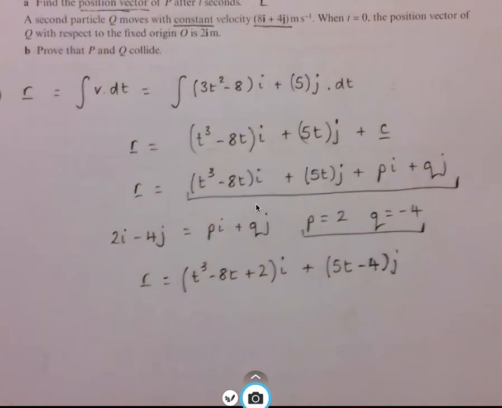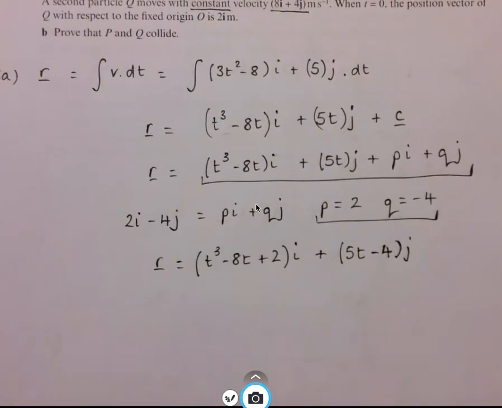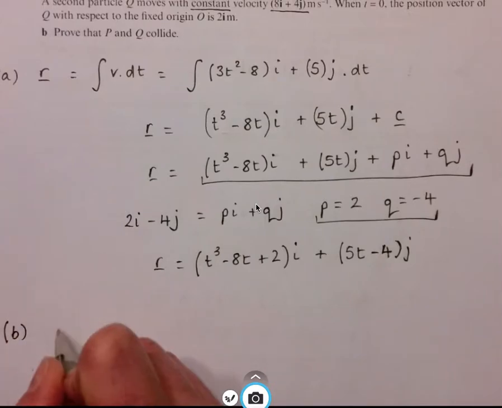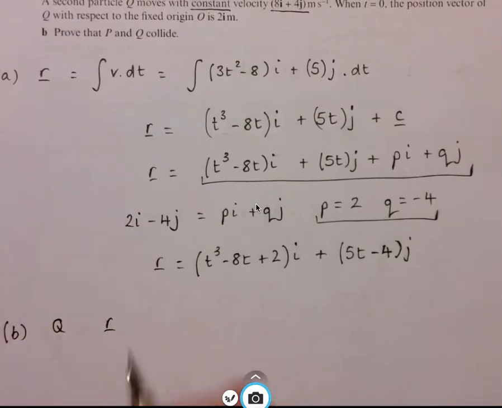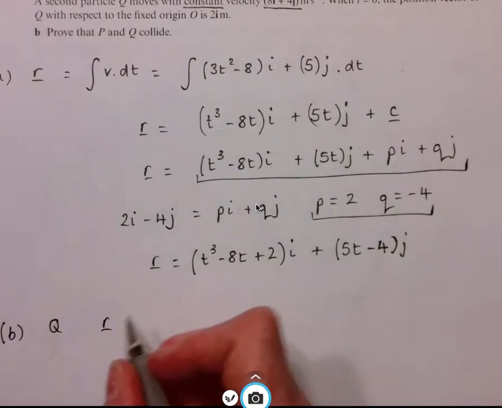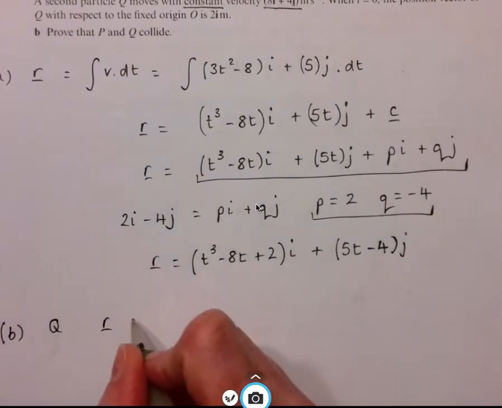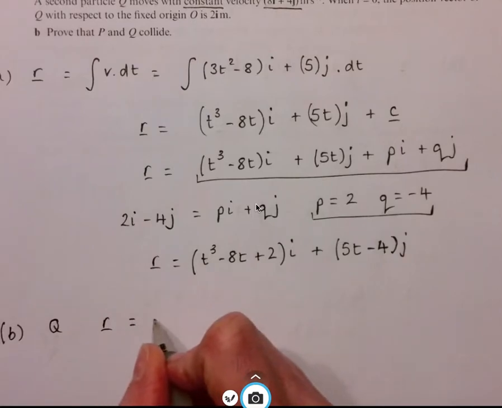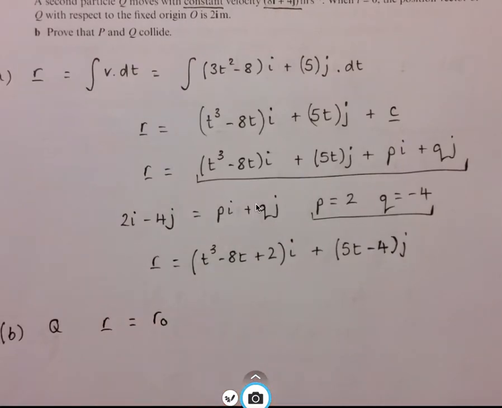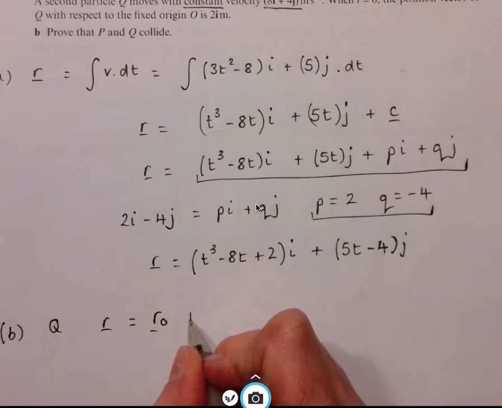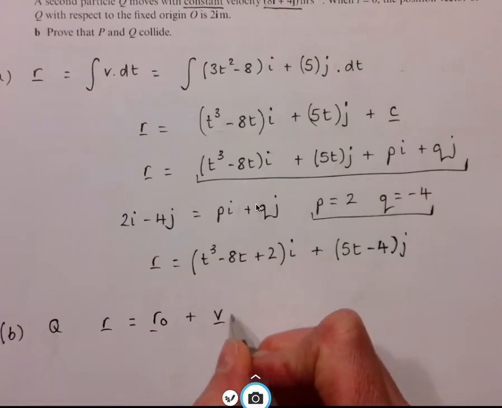So I'm just going to write that a little bit more mathematically. For particle Q, if we want to know its position t seconds after wherever it is, it'll be its initial position, which we'll call R0, plus the velocity times time.